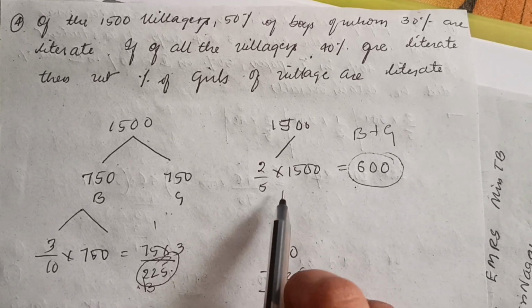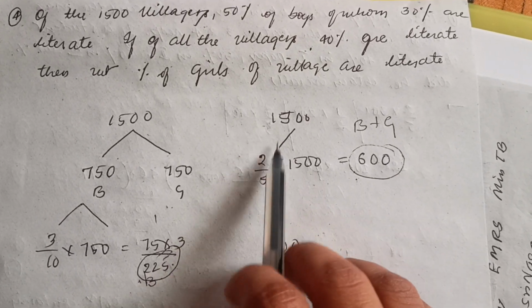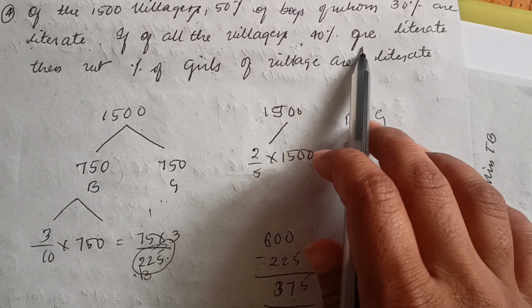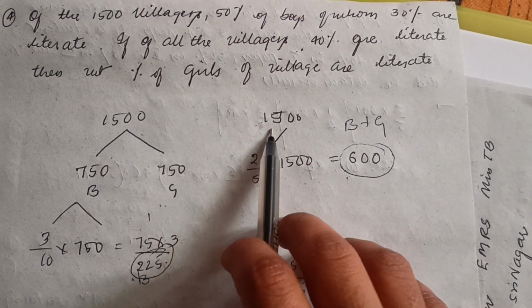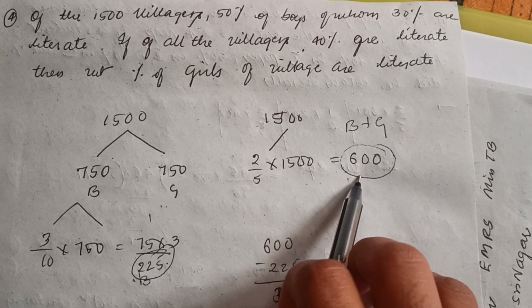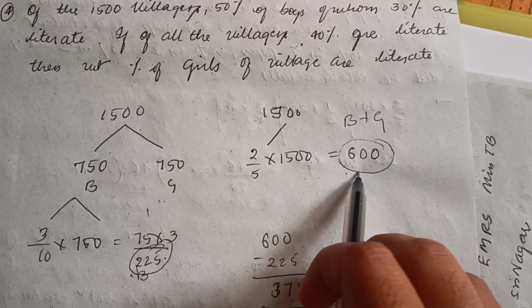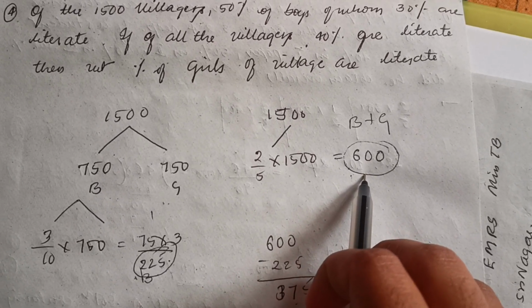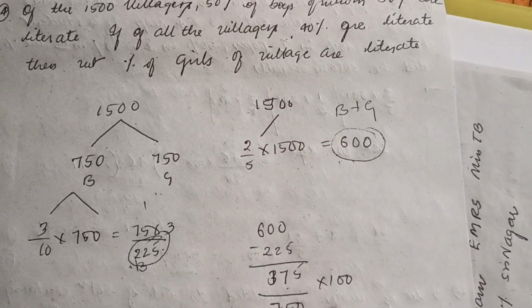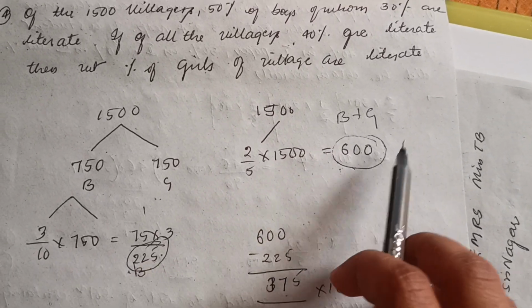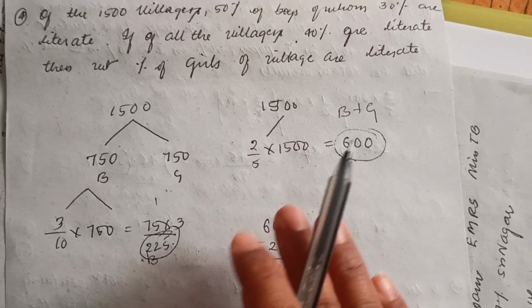And also in the question they had given that out of 1500 there will be 40% of the people who are literate. That means 2/5 of the 1500 will be equal to 600. So here we have the literate villagers of both boys and girls. So if I subtract this 225 from the 600, I will get 375.